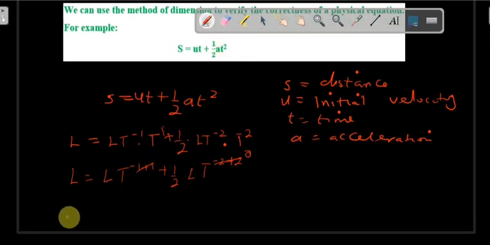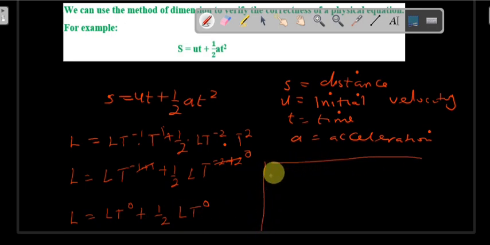So from here, you can see that L is equal to LT raised to power 0 plus half LT raised to power 0 also. Now you know any T raised to power 0 is 1. So from here we can say that L is equal to L times 1 plus half L times 1.